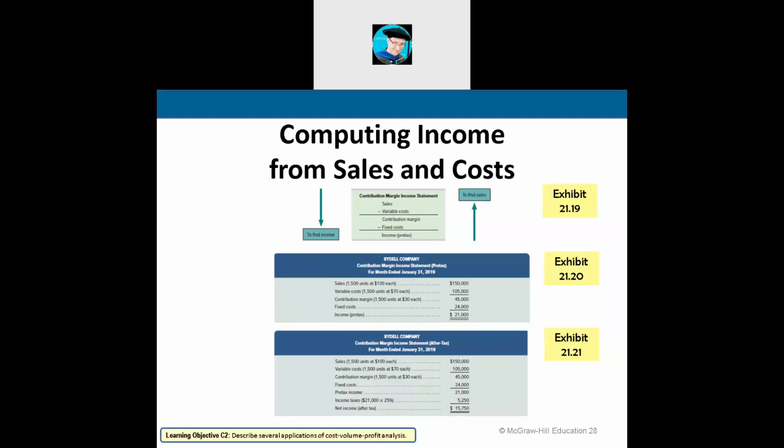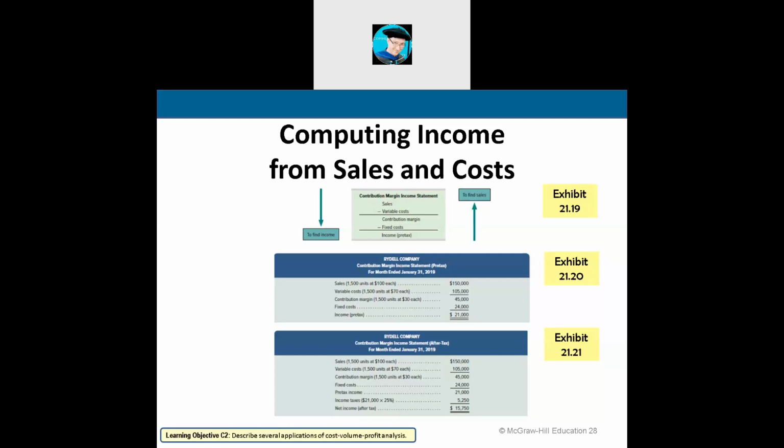Sales revenue minus cost of goods sold, or in this case, variable costs, equals contribution margin, also known as gross profit, minus your fixed costs, equals your net income. So you can find your net income from your sales amount. Sales minus variable costs equals gross margin, contribution margin. Minus fixed costs equals your net income.